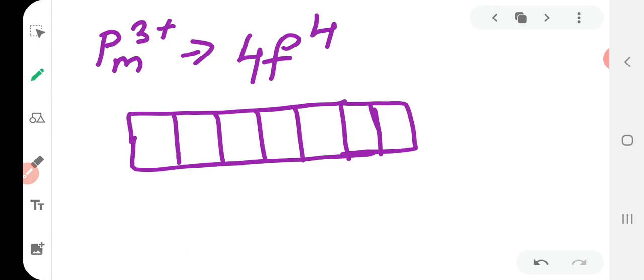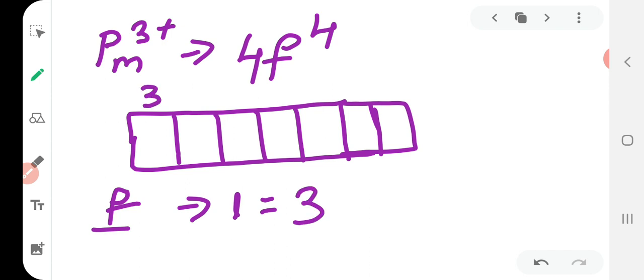And since this is an F subshell, for F the value of L is 3. So the ml values will be 3, 2, 1, 0, minus 1, minus 2, minus 3.